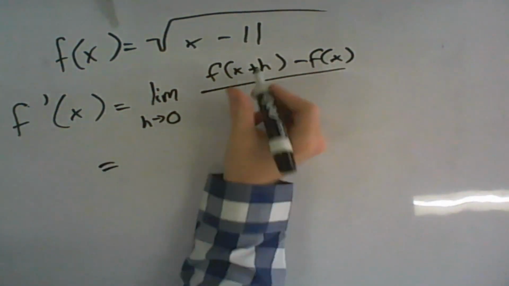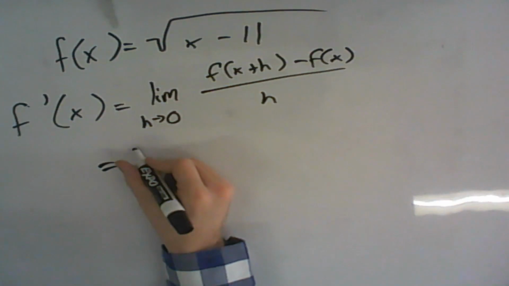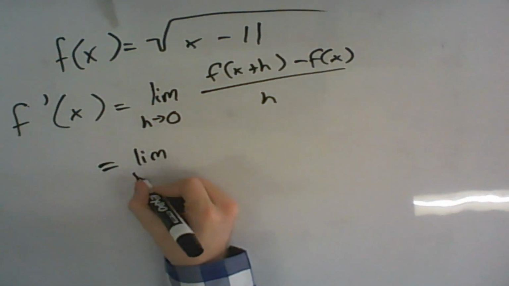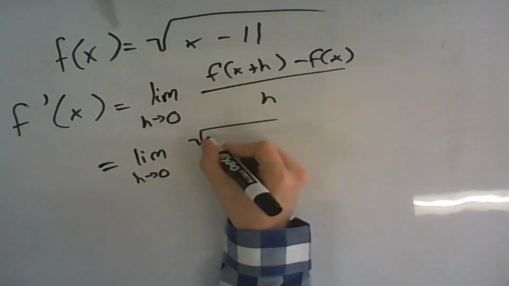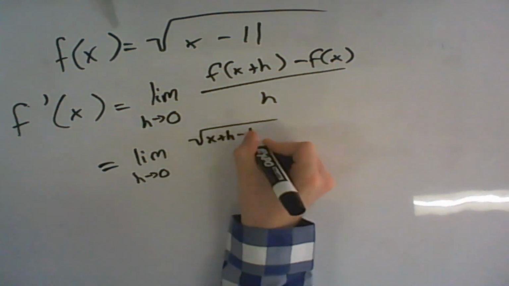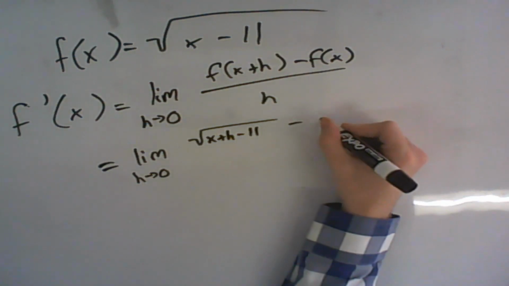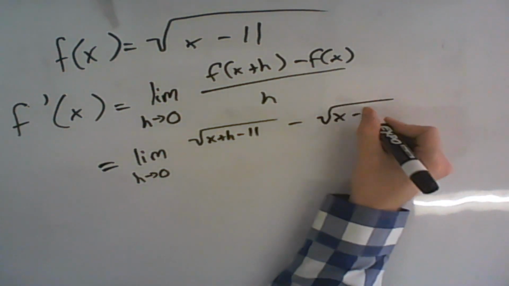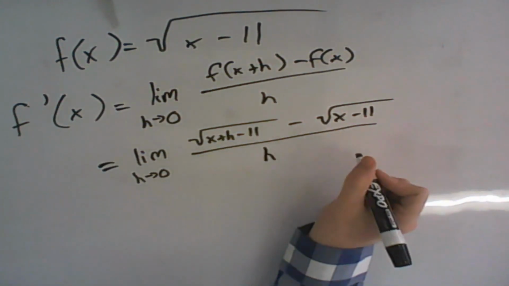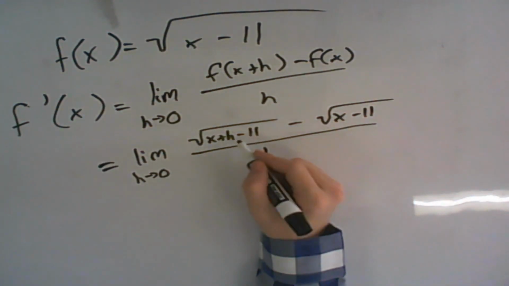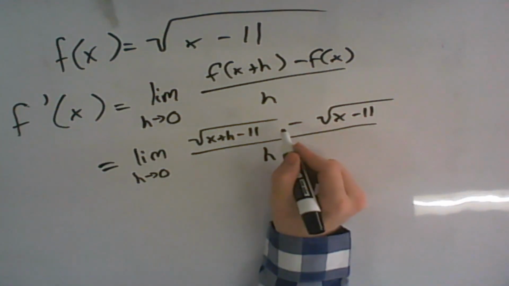I'm just plugging in x plus h. So I get the limit as h approaches 0 of the square root of x plus h minus 11, minus the square root of x minus 11, over h.